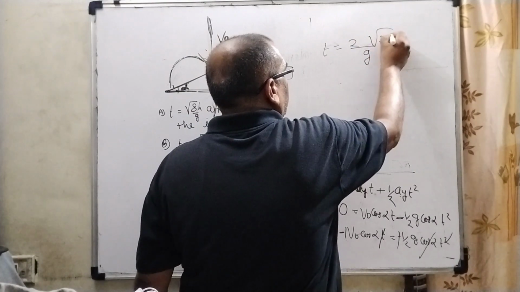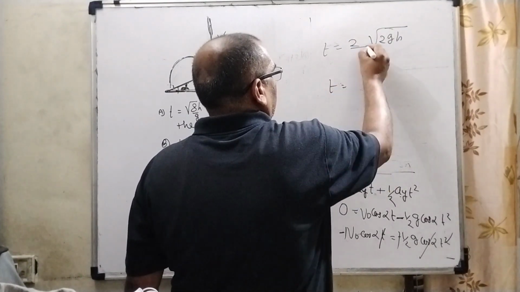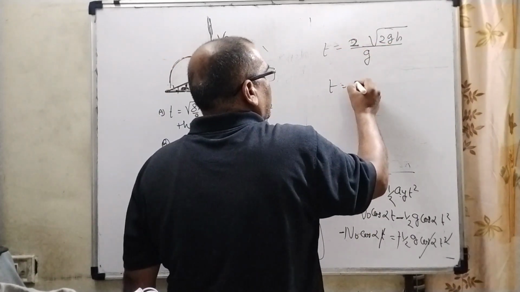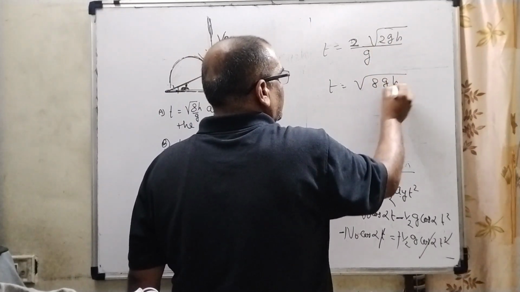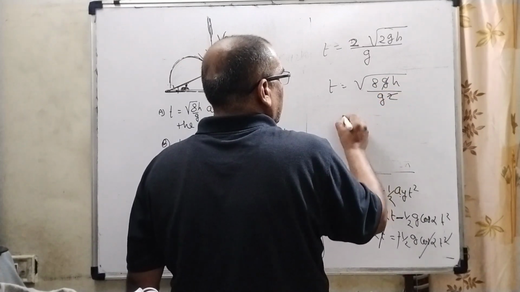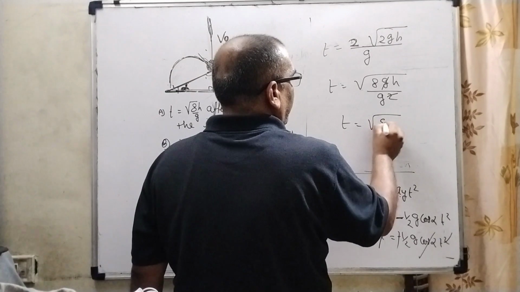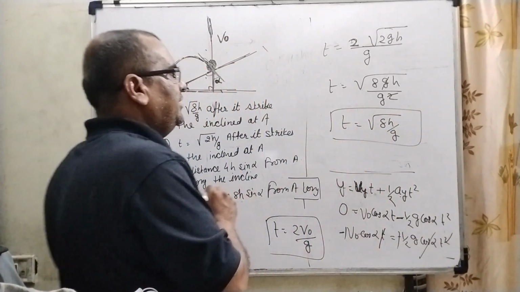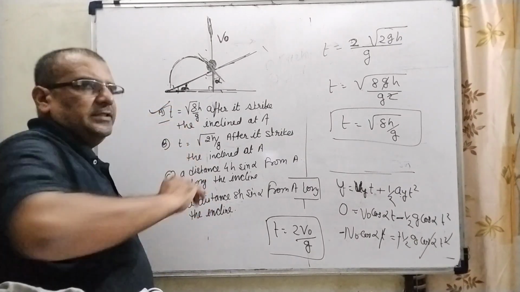That is root 2gh. And this 2 put inside, now it becomes 4, 4 times 2 is 8, gh upon g square, and this g cancels out, then it can be written as root 8h upon g. So here we get time of flight root 8h upon g. So the first option is correct.